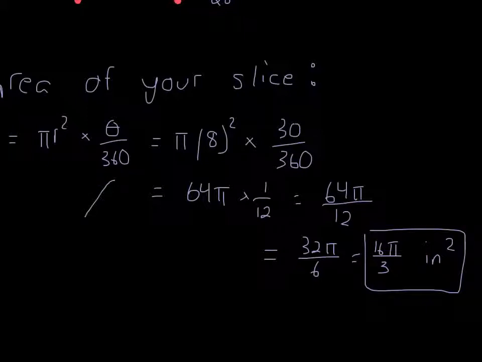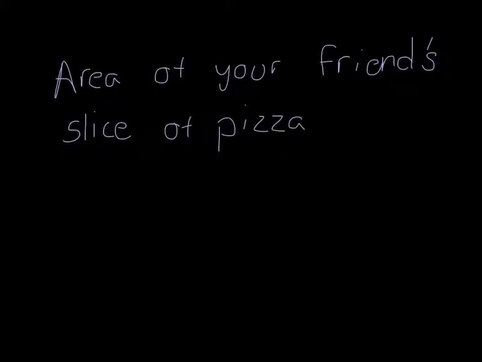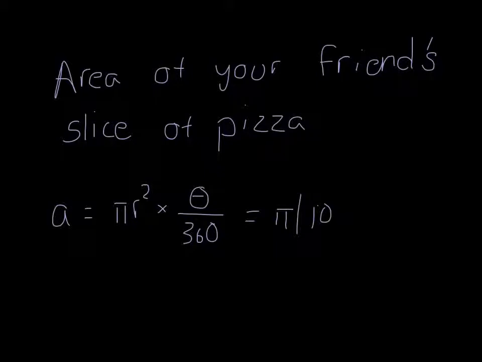Now you calculate the area of your friend's slice of pizza. Area is equal to pi r squared times theta over 360. The radius of your friend's slice was 10 inches, and the angle he cut it at was 20 degrees.